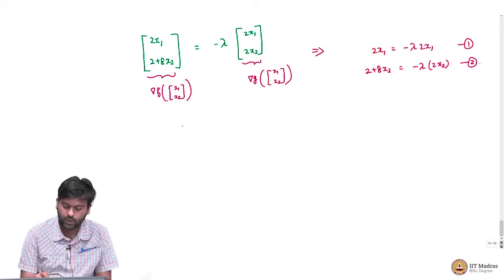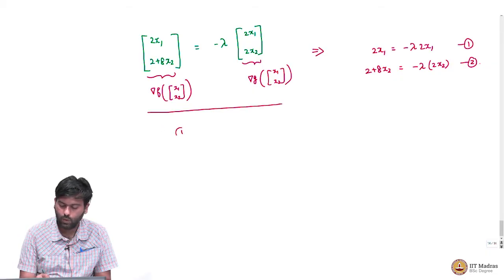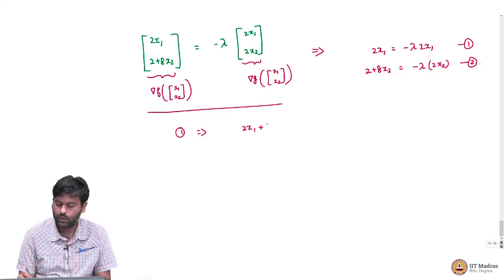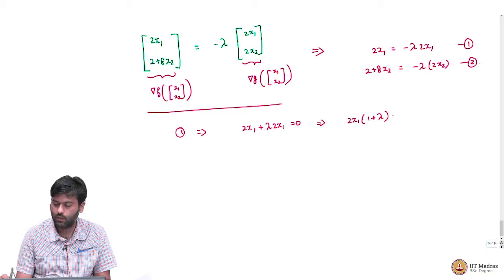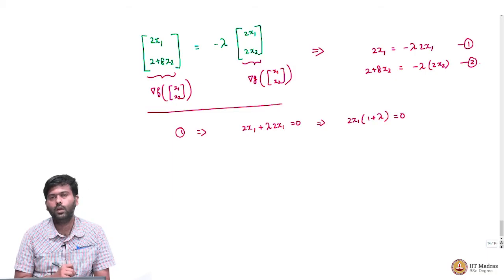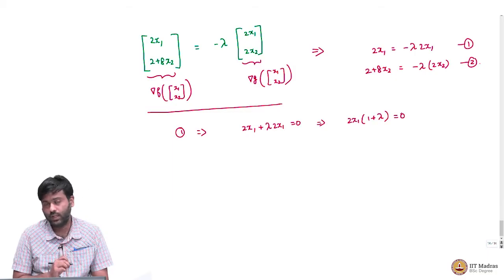Let's look at equation number 1. It implies 2x1 plus lambda times 2x1 equals 0, which implies 2x1 times (1 plus lambda) equals 0. So this should necessarily happen.